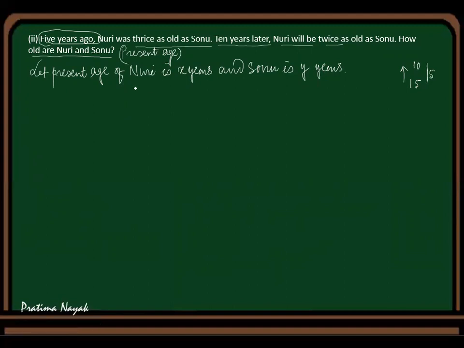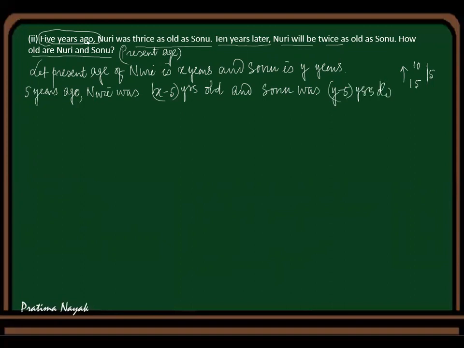So similarly, 5 years ago, Nuri will be 5 years less, Sonu will also be 5 years less. So 5 years ago, Nuri was x minus 5 years and Sonu was y minus 5 years.